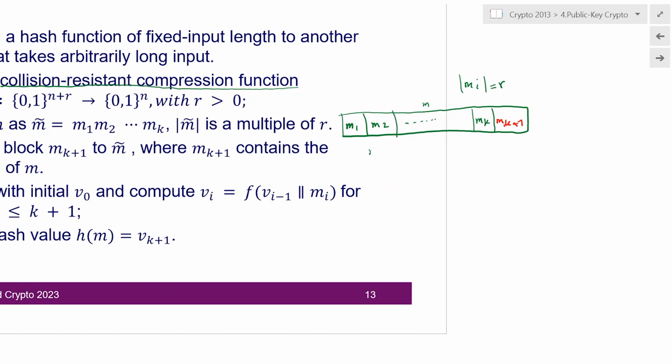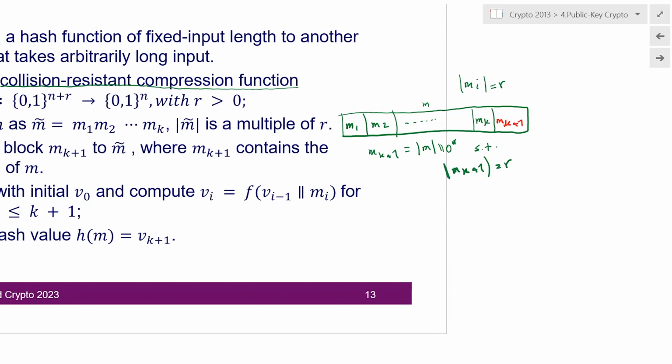So the block Mk+1 is equal to the length of message M: how many bits do we have in M? And then we concatenate enough zeros so that the length of Mk+1 itself becomes r. So we make sure that every block has exactly r bits.